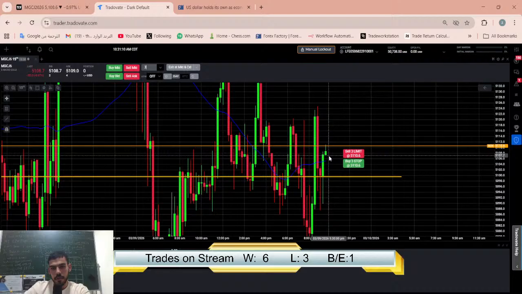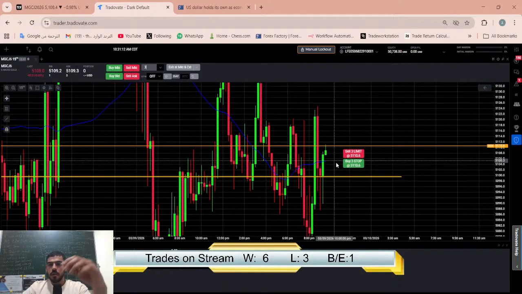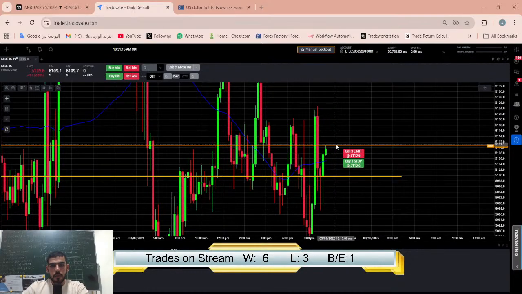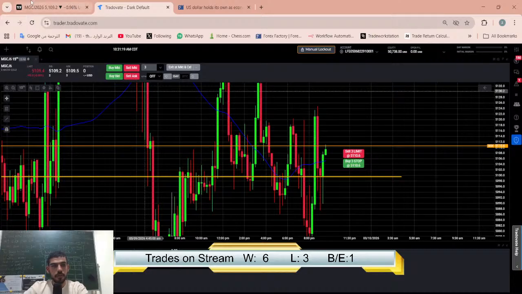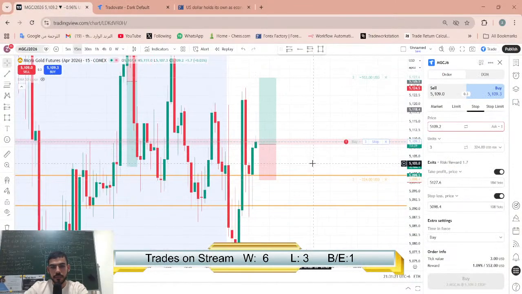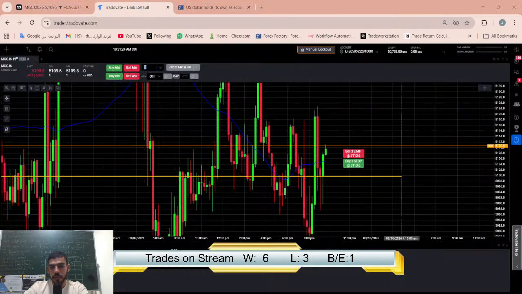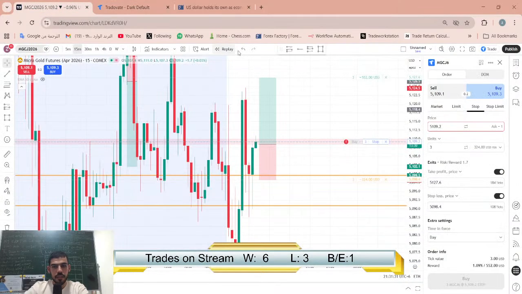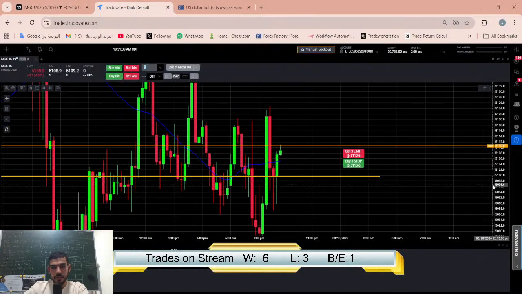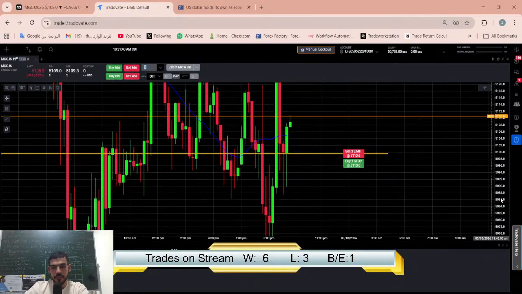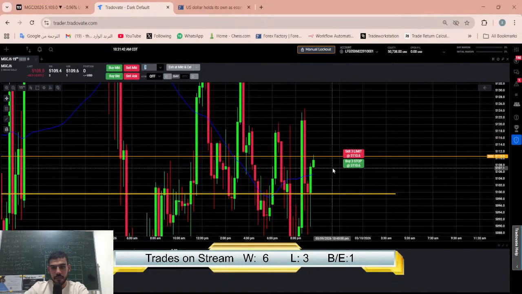Even if it was a small bottom wick, I would take it, but we just need some sort of a bottom wick because this doesn't look safe to enter without a bottom wick. Just a little tiny bottom wick. Anything could work.